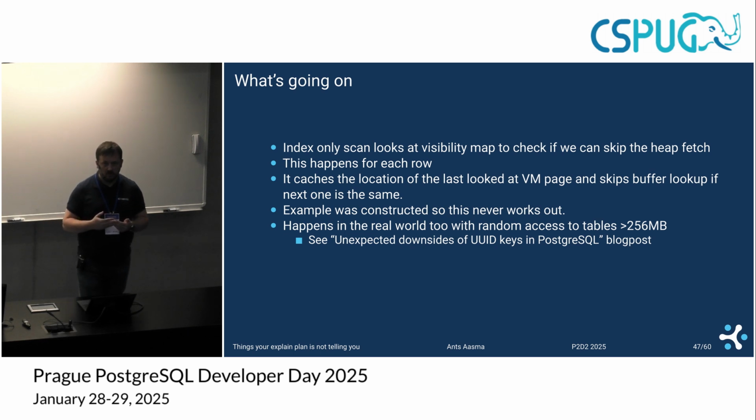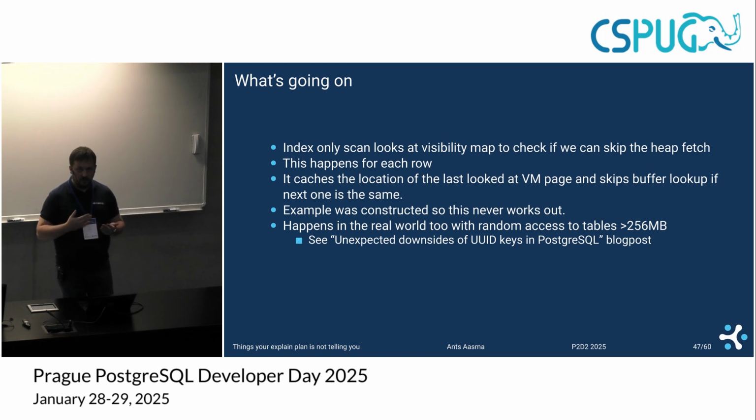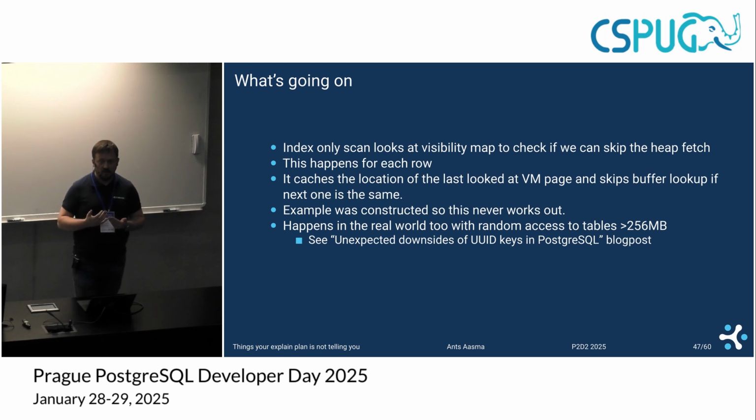So that's a hash table lookup, and we find the page and then we can read the bit from there. But because the hash table lookup still takes some time, this thing caches the last page it was accessing, where it found it. And when it comes back, it says, okay, is this the same page? And is it still in the same place? And if it is, we can just skip all of that buffer lookup and we can immediately access it.